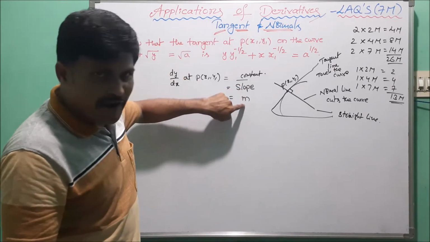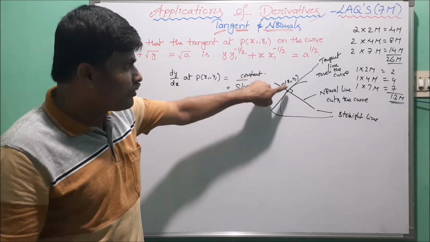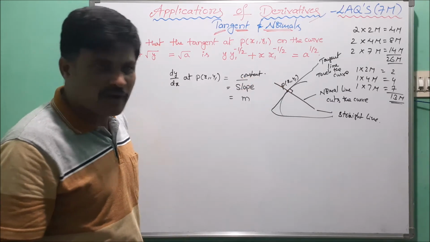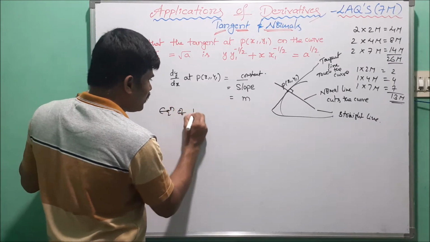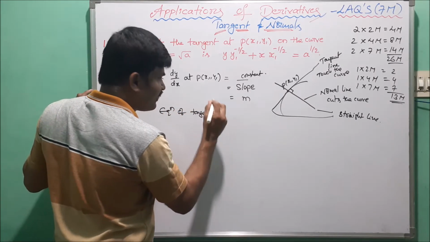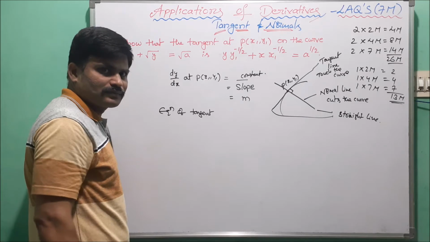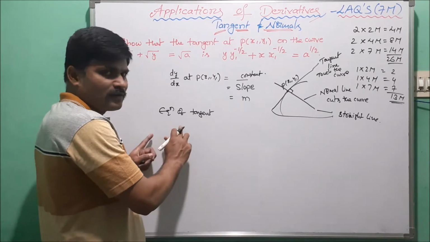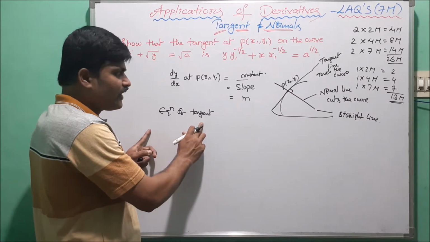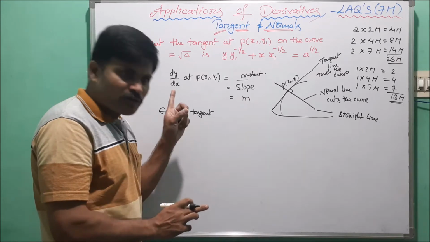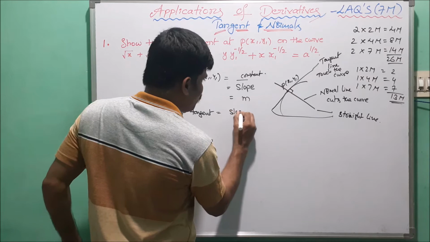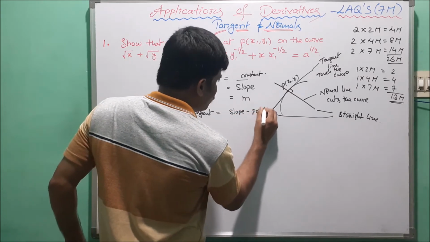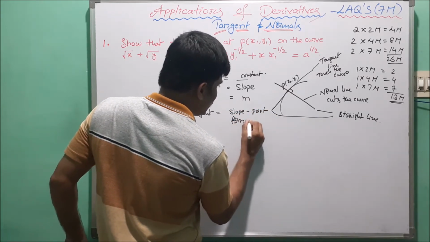Now we already know the slope, and also we know one point P of x1, y1. Now we have to find the equation of tangent, using the slope point form of straight line.